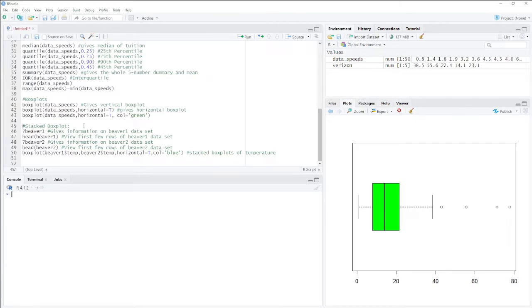R has some data sets built into it that we don't have to read in at all, that are just native and built in. One of them is called Beaver 1. Beaver 1 and Beaver 2. And if there's ever anything in R that you want to know something about, you can use the question mark command. For instance, I'm going to look up information about this Beaver 1.